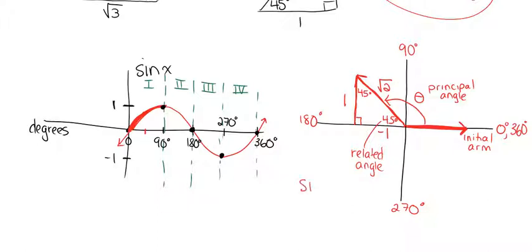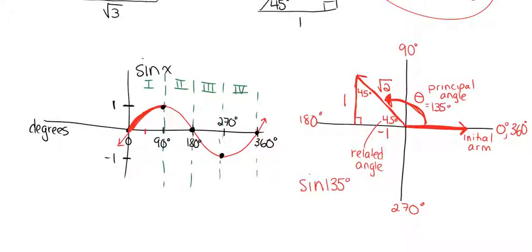Now if I wanted to say what sine is, it's not actually sine 45 anymore, because this is actually my angle that I'm calculating. So 45 is my related angle. I know if I go all the way, I'd be at 180, so I just have to back up 45. So I just have to figure out 180 minus 45, and it would be 135 degrees.